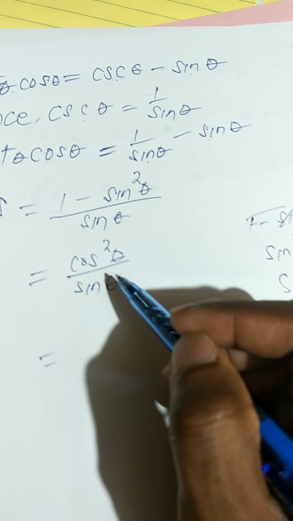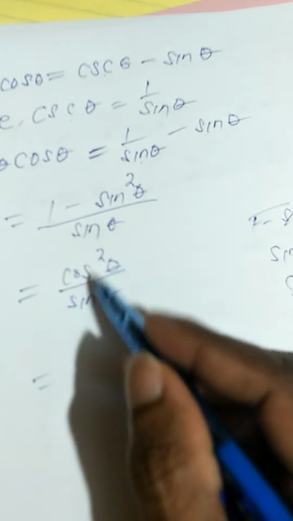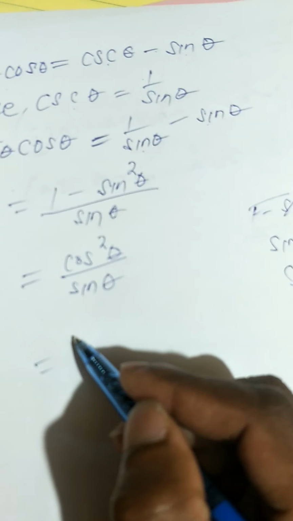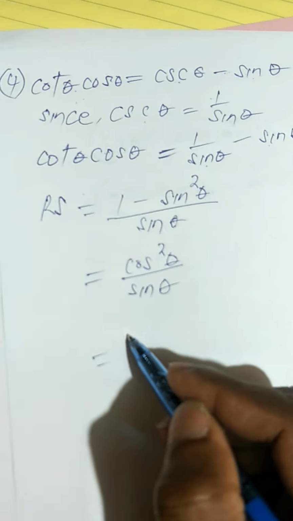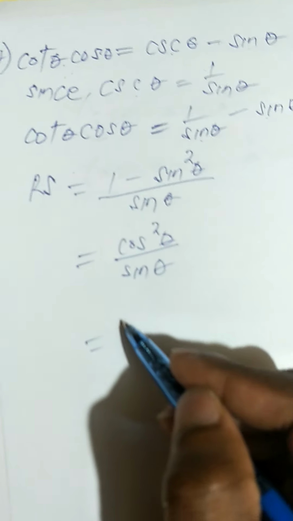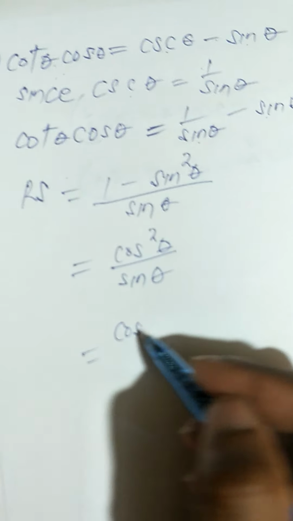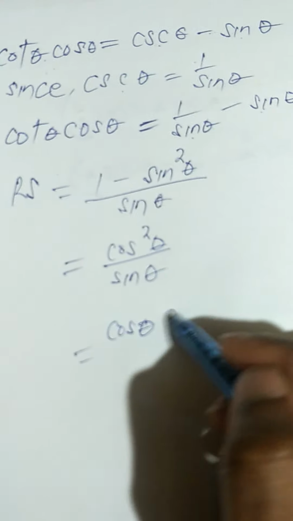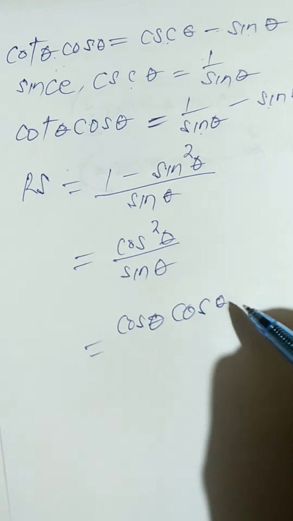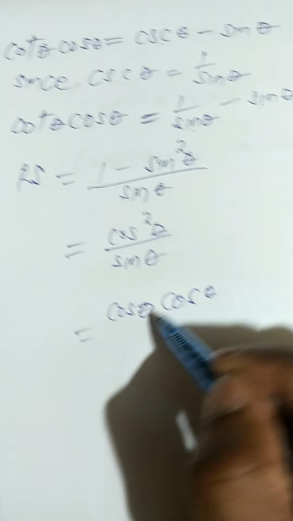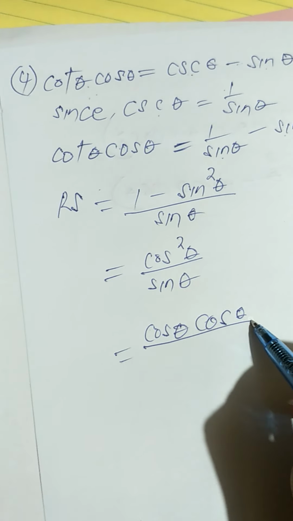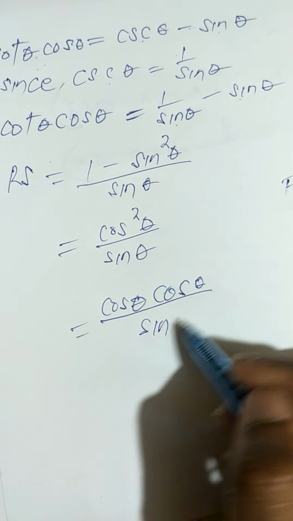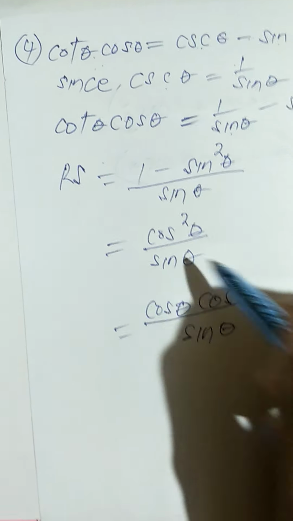Now I'm going to separate all things to make it simplest. I can write this as cosine theta, raised to power of 2, all over sine theta.